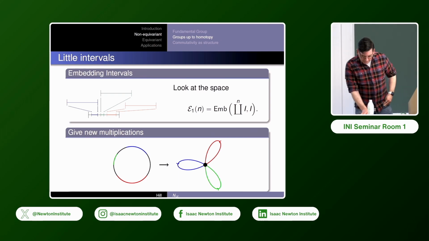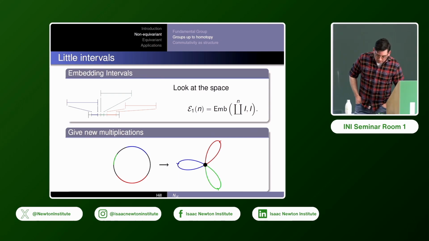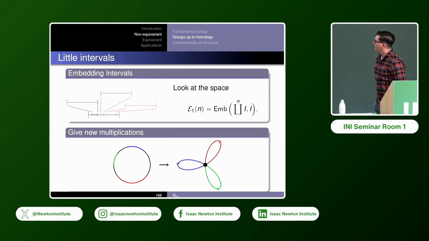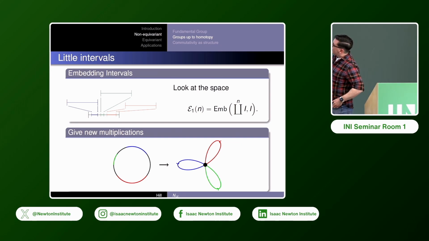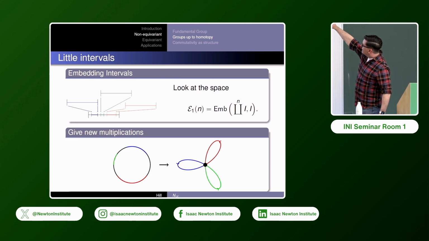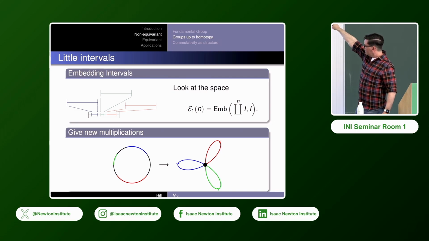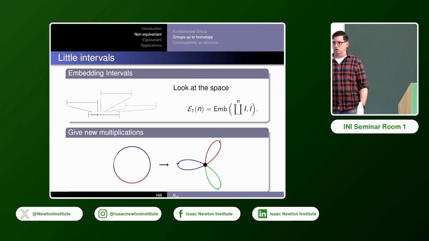And now I'm going to describe a way to build, for any such thing, a different kind of multiplication, since this doesn't have a preferred multiplication. And in fact, in some sense, to say it has a multiplication is disingenuous. Really what I get to say is, given any embedding of n copies of an interval into an interval, then I can write down a multiplication.